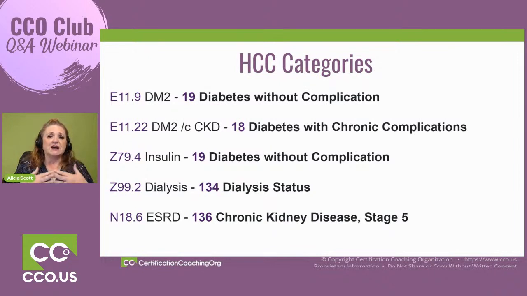So let's look at dialysis and CKD. Z99.2 is dialysis. It happens to be renal dialysis. It didn't matter if it's peritoneal dialysis, it would still be a 134. Okay, so that's dialysis. But N18.6, end-stage renal disease, is a 136. And the 136 is the same as N18.5, which is also stage 5.